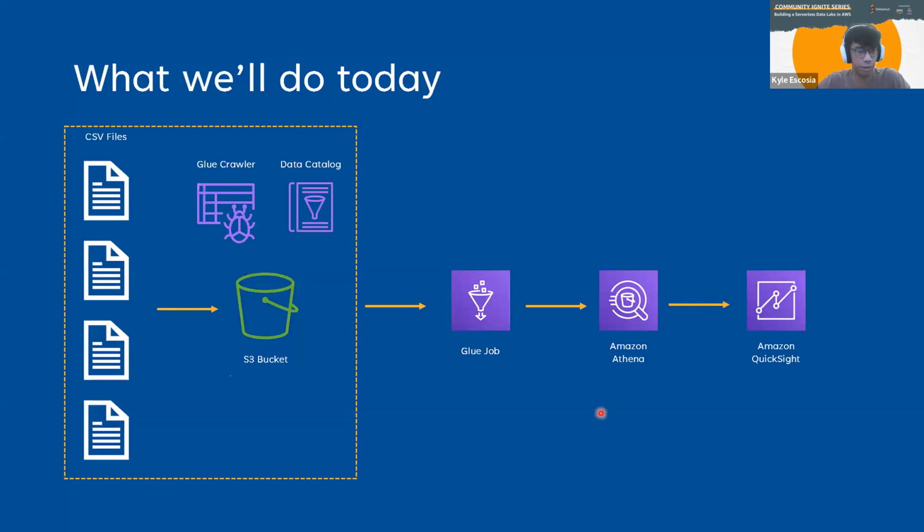Okay, so pretty basic, no? CSV lang, upload mo lang sa bucket, and then crawl, tapos gamitin mo na ETL, and then Amazon Athena, query, and then visualize. Okay. So with that, we'll proceed with the demo.